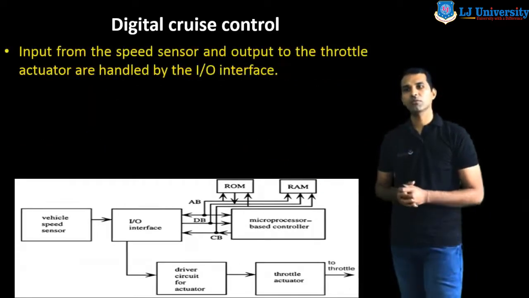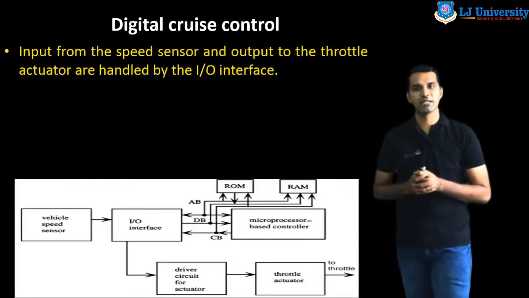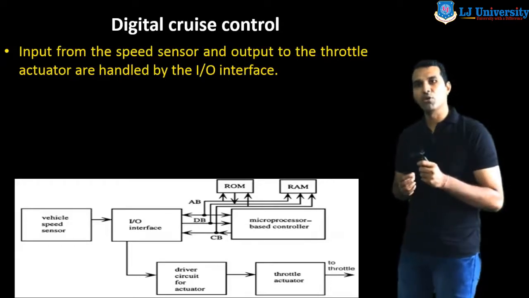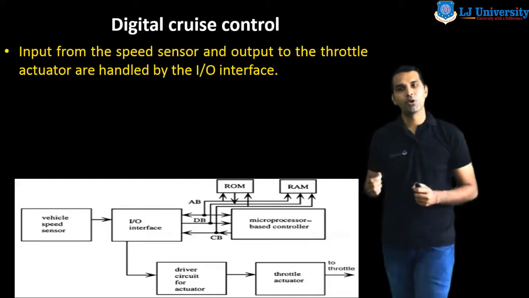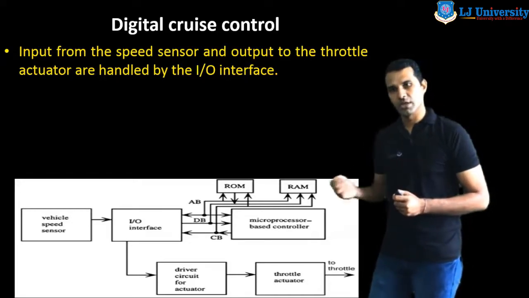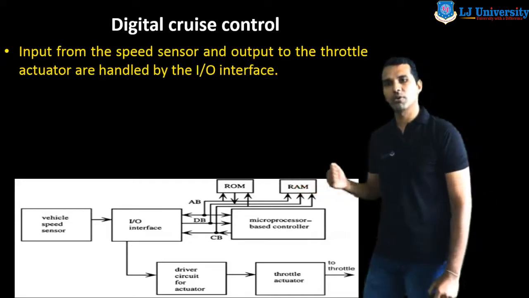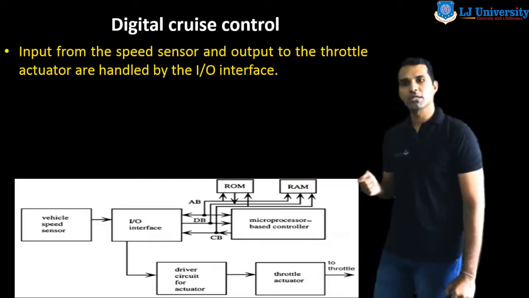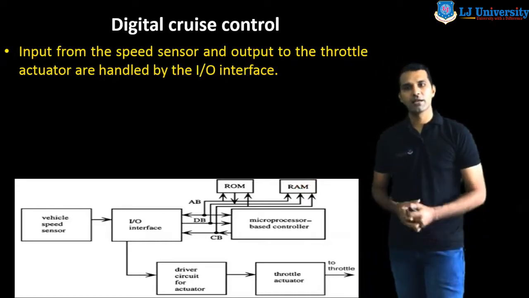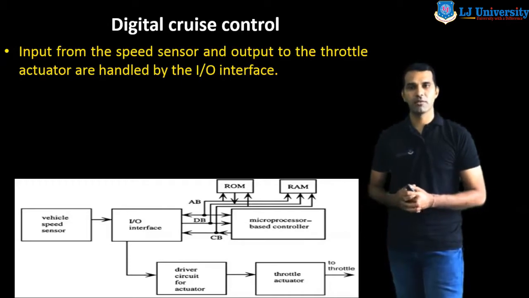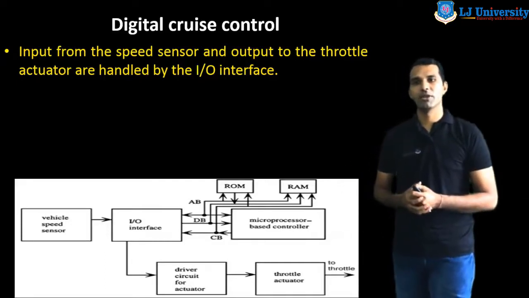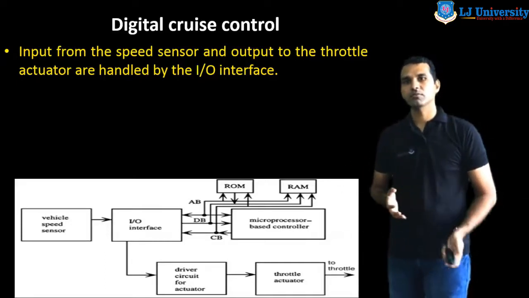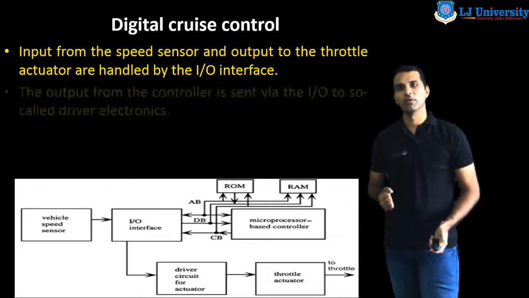Now, input from the speed sensor and output to the throttle actuator are handled by the input-output interface. So here we can see the input-output interface block. It is connected with the speed sensor that sends a signal to the input-output interface, and it is also connected with the controller and the throttle actuator.